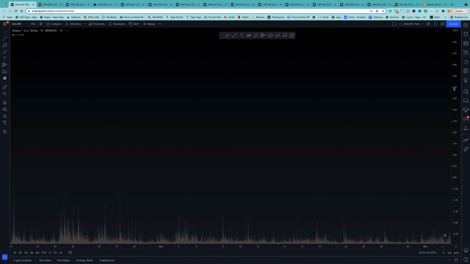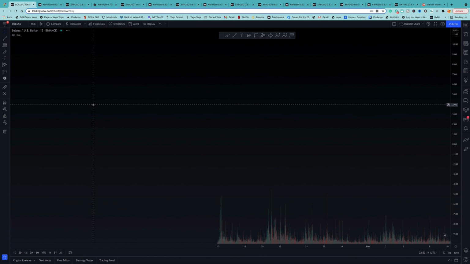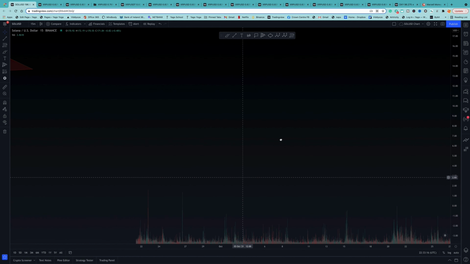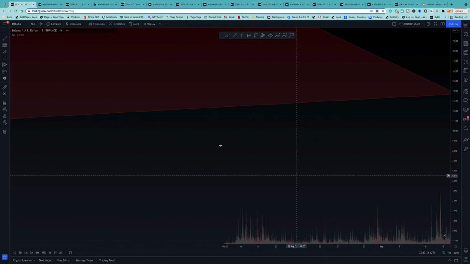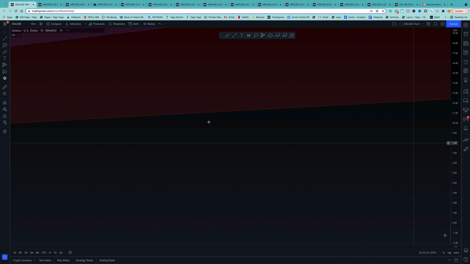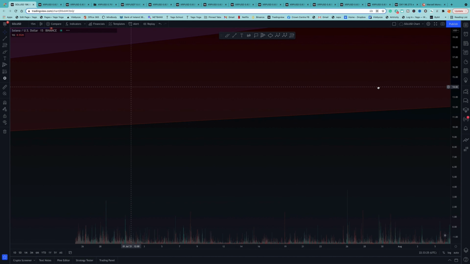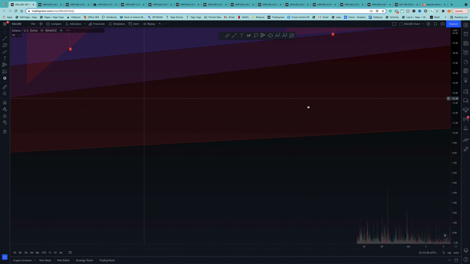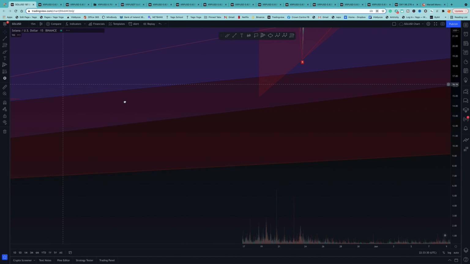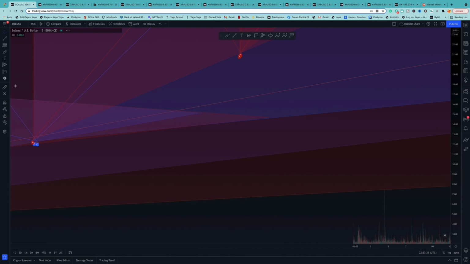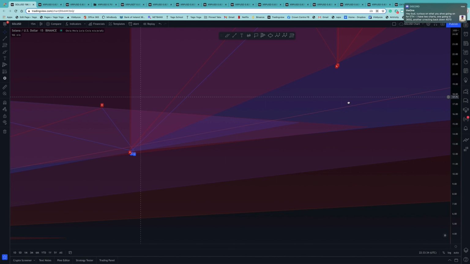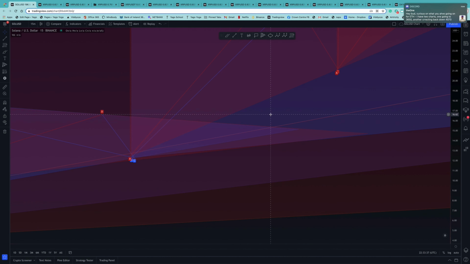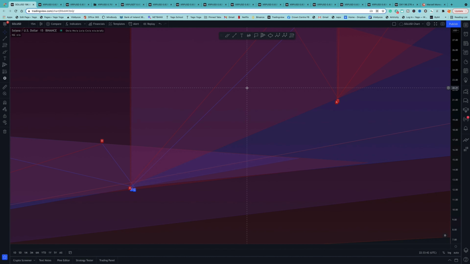Okay, and this is going to make me scroll now. So where is this? This is very annoying lately, that when I change the timeline, it should keep me centered on the price action that I was actually working on.